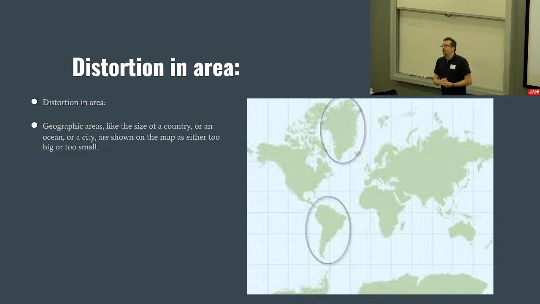Now, distortion in area. I like this one because this shows the two things on a map that typically get distorted the most. Africa is often a culprit here, but Greenland and South America are really big culprits when it comes to distortion in area. So, why is there distortion in area?